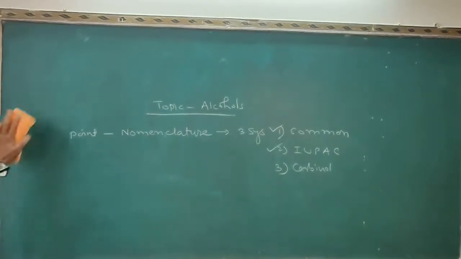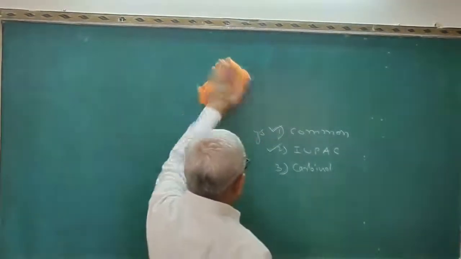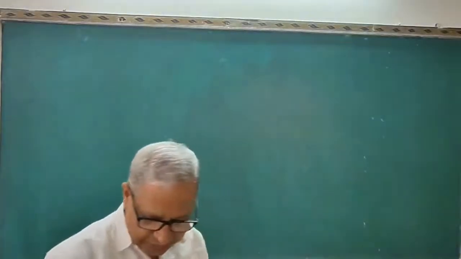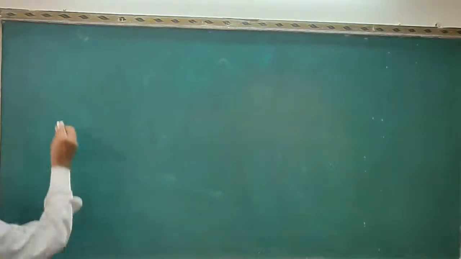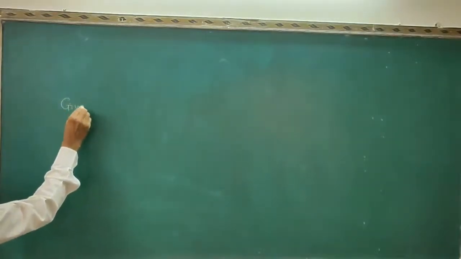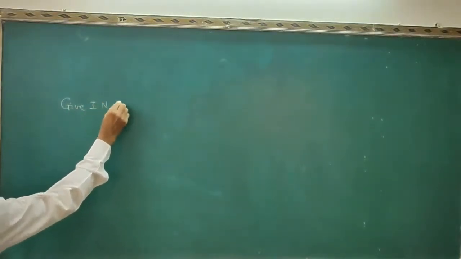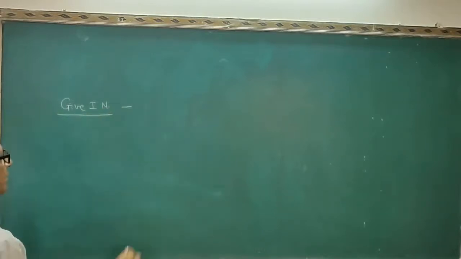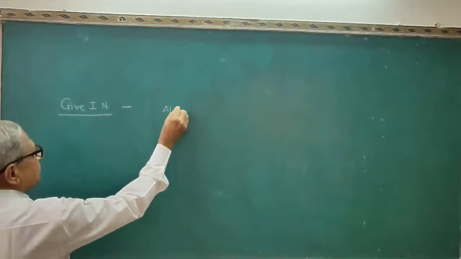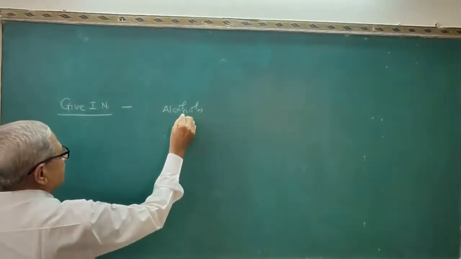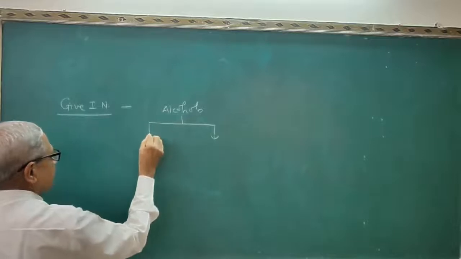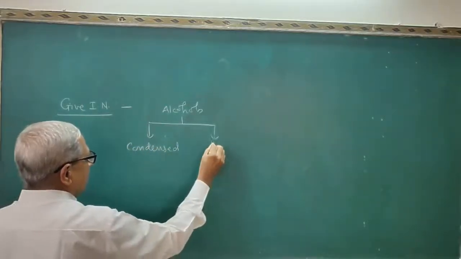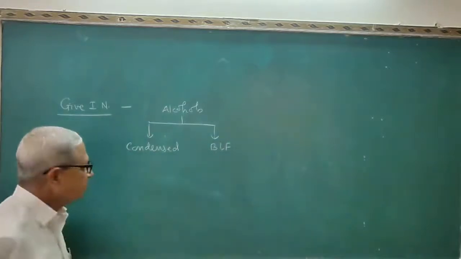Today, I will take the objective question on the title, give the IUPAC name to the following molecules. Alcohols can be represented by the condensed formula as well as the bond line formula.